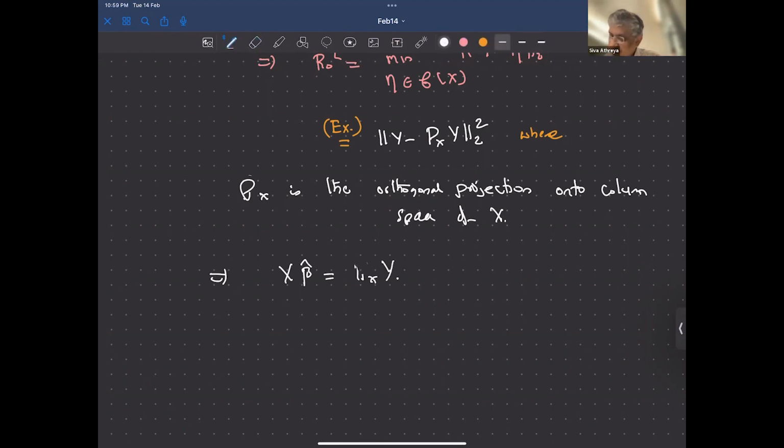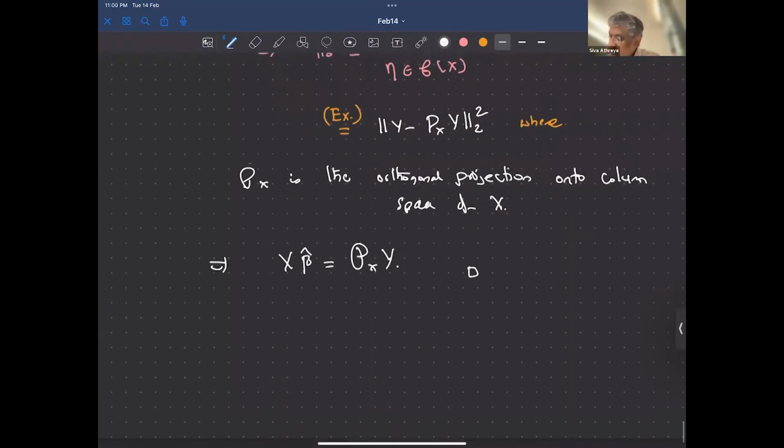This is the P_X notation. So it's a fairly elementary idea, the moment you realize the fact. The linear algebra fact that we use in the exercise is the following.